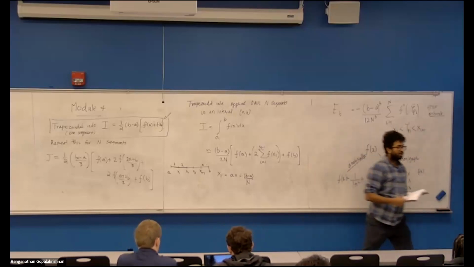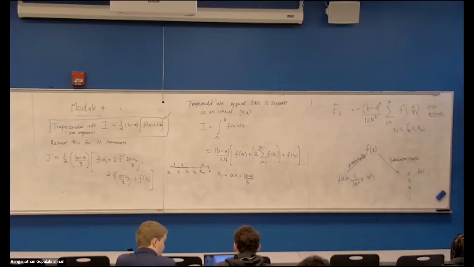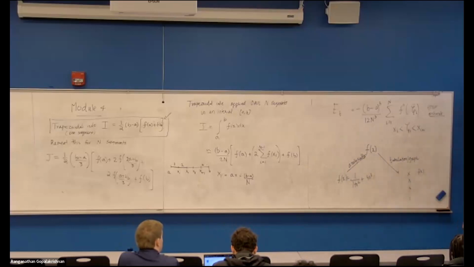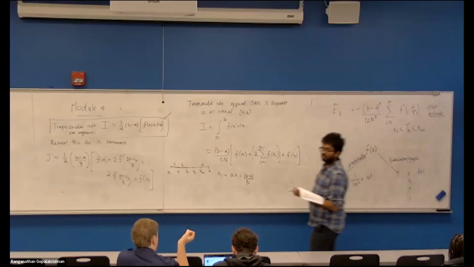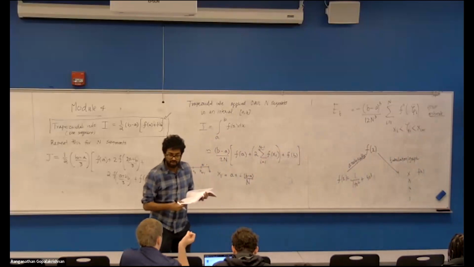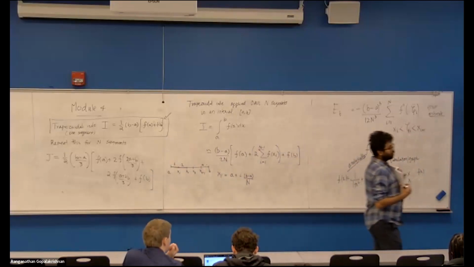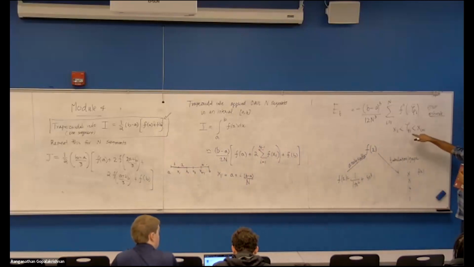Yes. Can you come again? Yeah, plus 4x cubed. That's an example I made up. Zeta is completely arbitrary. Is zeta arbitrary? Would you be given it in the question? You are allowed to pick it. You have to pick it within that interval.